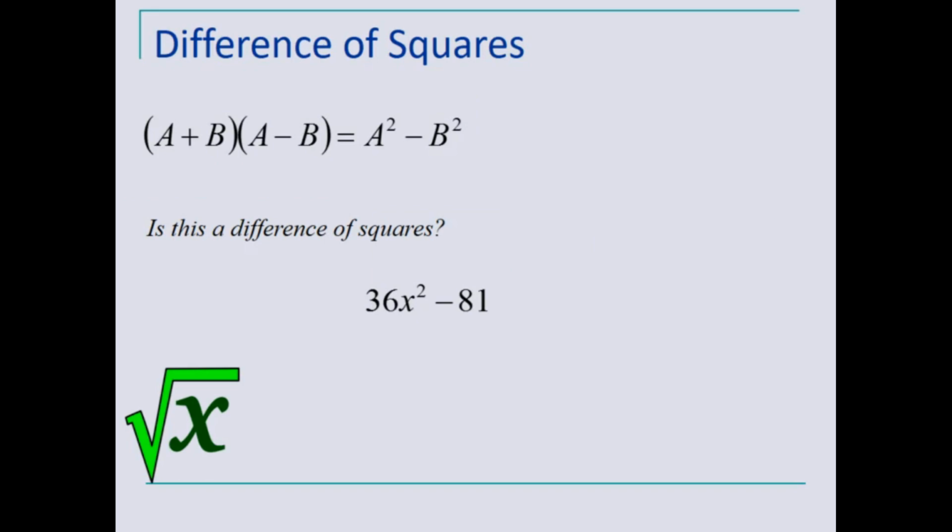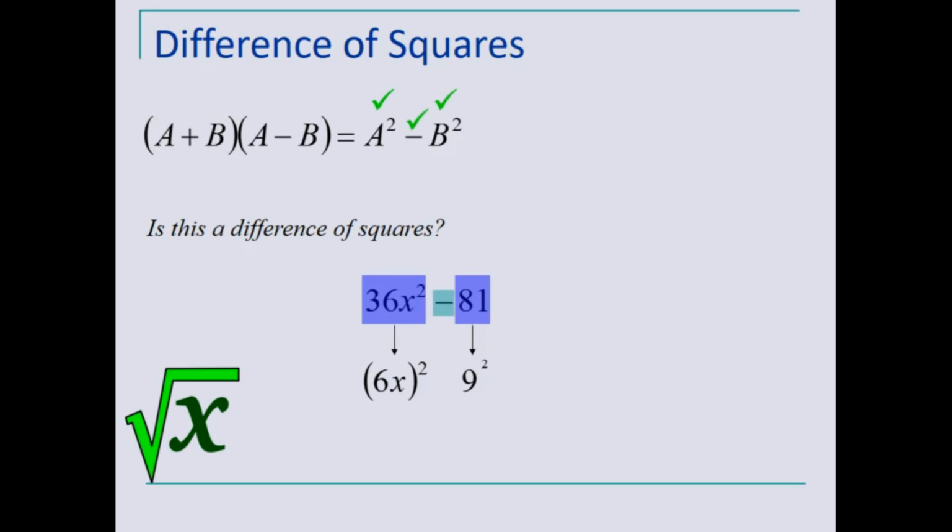Here's another example. Is this binomial a difference of squares? It must meet the following criteria. Is the first term a perfect square? The square root is 6x, so 6x quantity squared is equivalent to 36x squared. 81's square root is 9. 9, the quantity squared, is equal to 81. The third criteria, is this a difference?